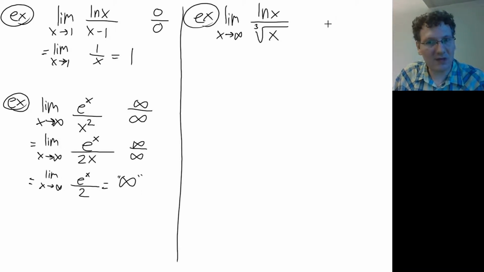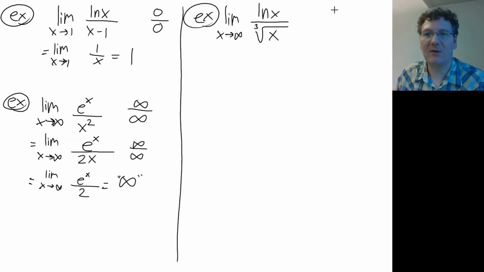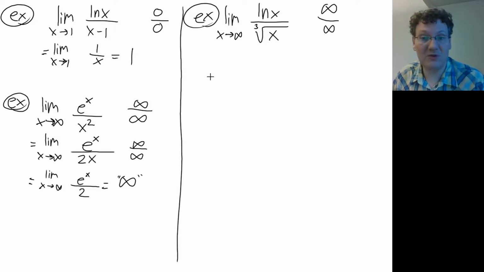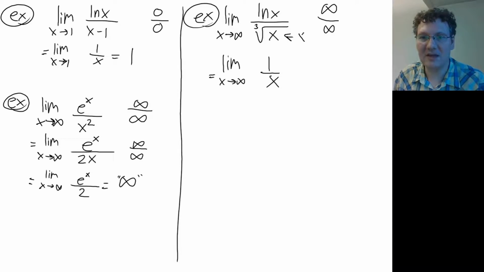Okay, let's take a look at this. The limit of the natural log of x over the cube root of x as x goes to infinity. Clearly both of these are increasing functions, so this is infinity over infinity. But as you may guess, things are going to change when you use L'Hôpital's rule. I'm going to put the 1 over x here, and remember, we're not using the quotient rule here. It's just the derivative of the numerator over the derivative of the denominator. Put x to the 1/3 in the denominator.